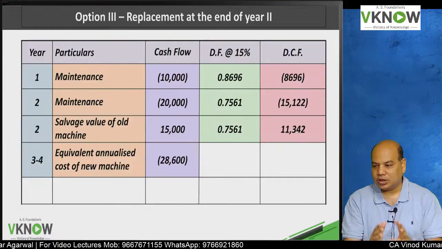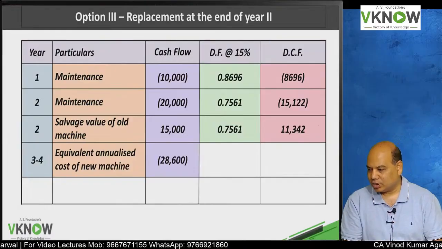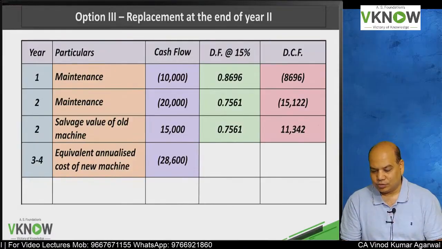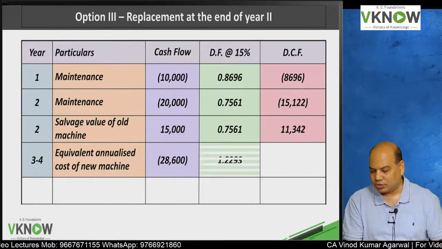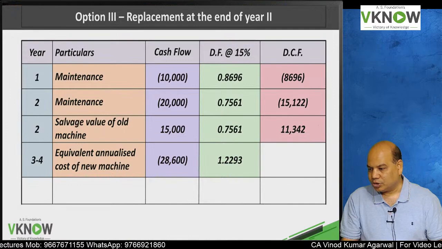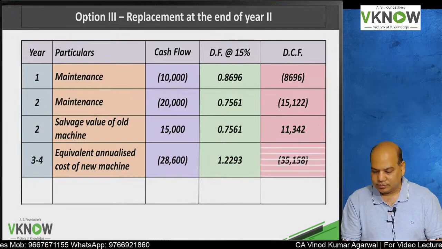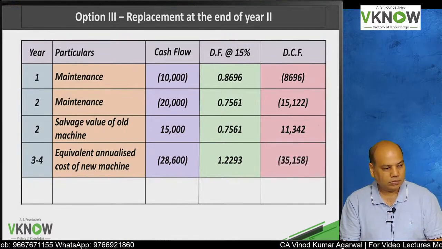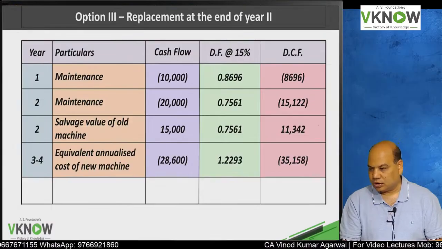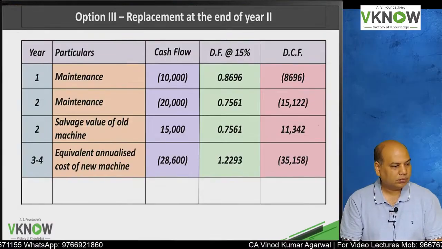Take the factor of 3 and 4 together. How much is that? Anybody? Add the factor of the 3rd and 4th year. 1.2293. Multiply. Take the total of the last column.